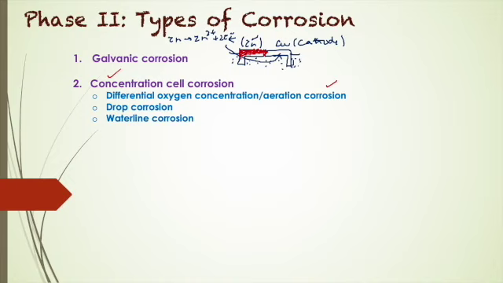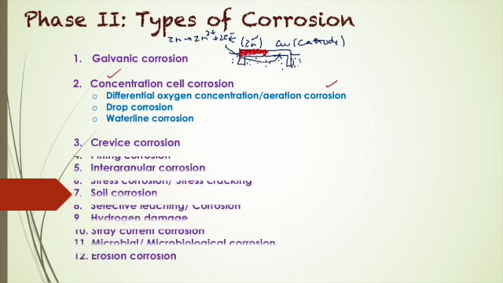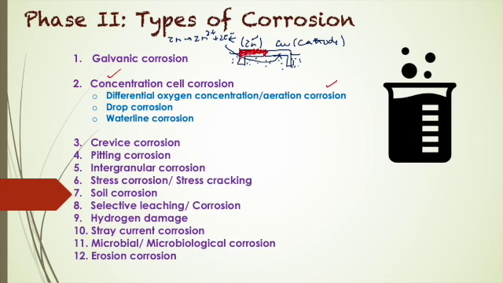How do we see that? Let's see. We have a beaker, or a container, filled with NaCl solution. I have put NaCl in it, and then I dip a rod made of zinc in this. The NaCl level is this.